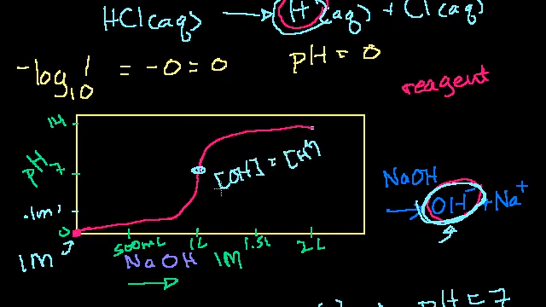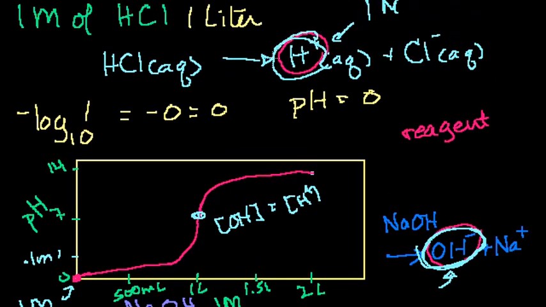The way I think about it is that the great majority of your moles of hydrogen were sopped up at that point. So in order to sop up 1 mole of hydrogen, and there are always things that don't get completely sopped up, but for the most part, you're essentially going to have to add 1 mole of OH to sop up your 1 mole of hydrogen.